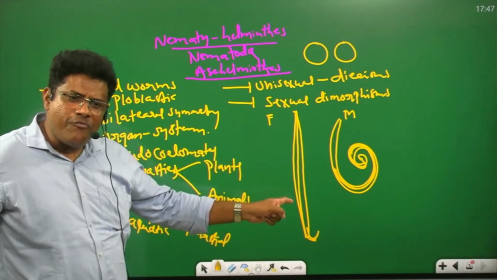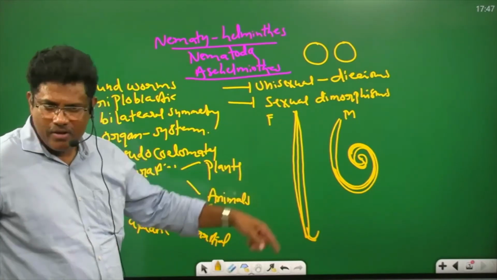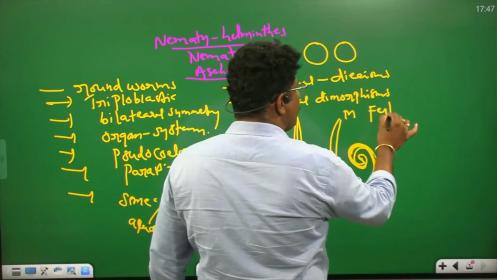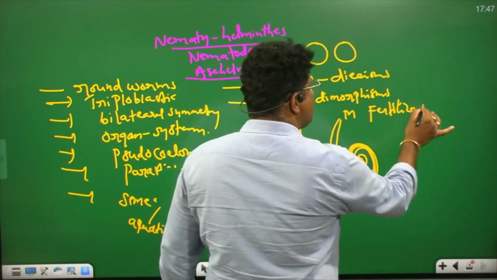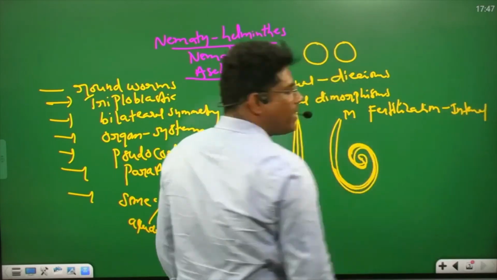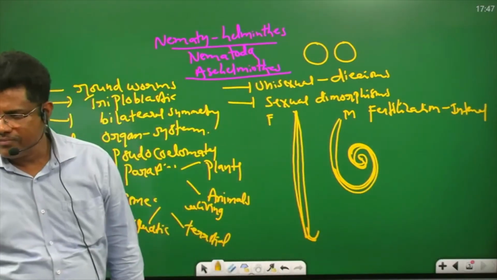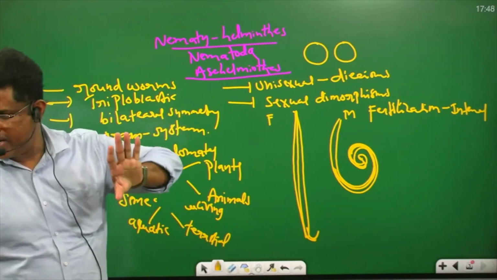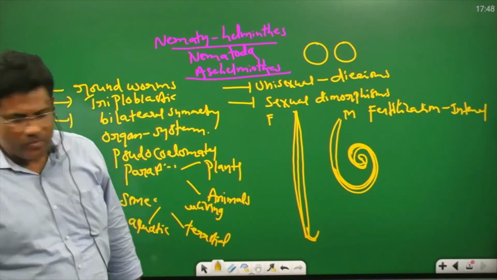Sperm and ovum are fertilized in the female body. That is called internal fertilization. Any doubt?